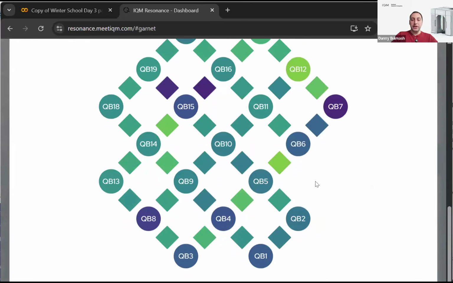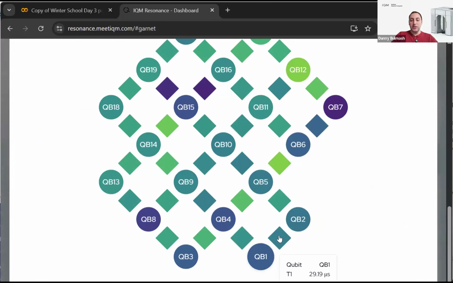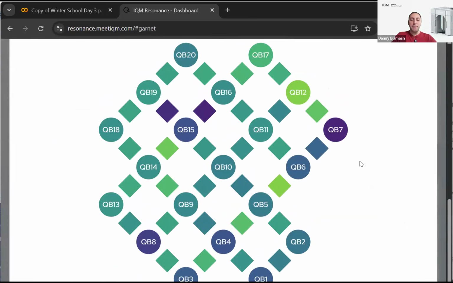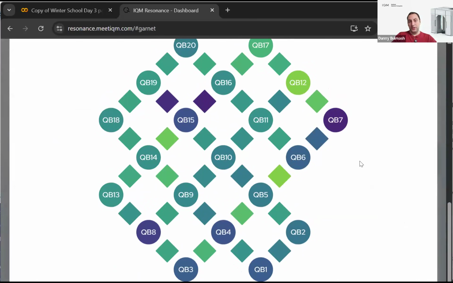If we look here, these qubits are in a grayish green state. T1 here is a number where the higher it is, the better, the less noise that you're going to have on that qubit. So these qubits have middling T1s. They go between 29 and 40. So we might want to choose 3 different qubits that have better T1s.